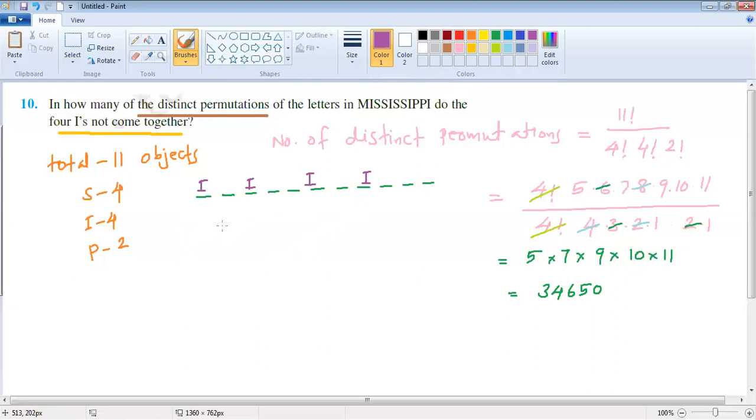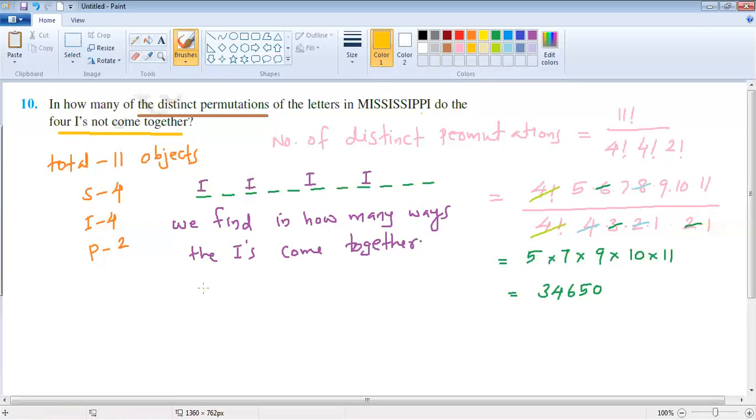So हम क्या करेंगे? सबसे पहले we will find in how many ways the letter I's come together. वो कितनी बार साथ में आएंगे, so how many arrangements are there?